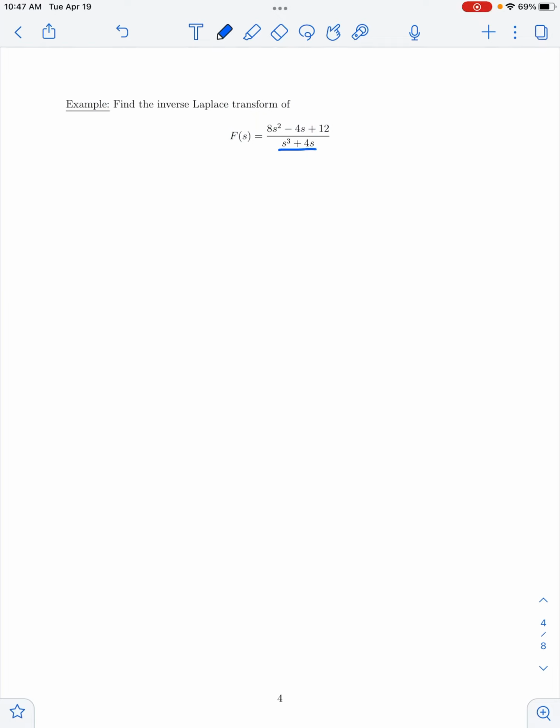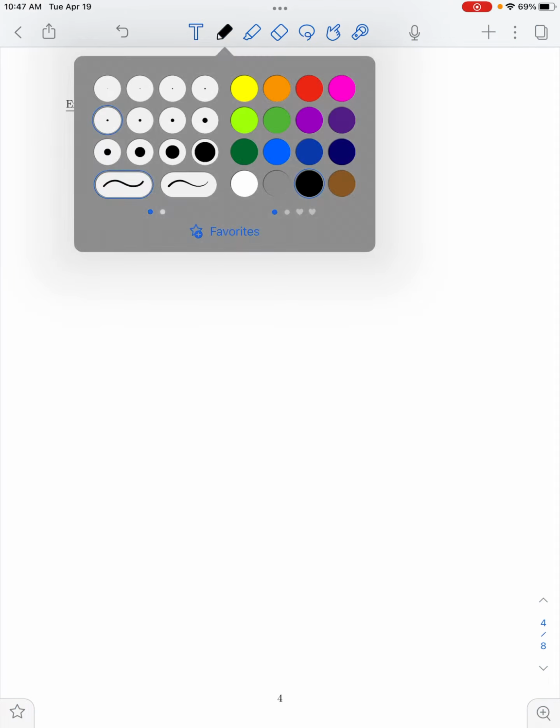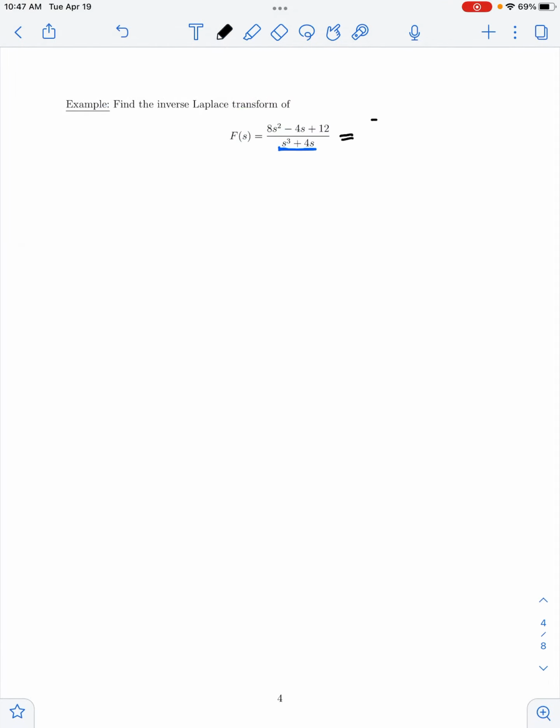And when I look at my denominator, I see that it involves some cubic, which could be factored by pulling out an s from each term, leaving me with s squared plus 4.